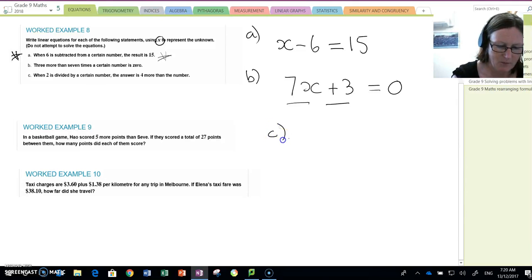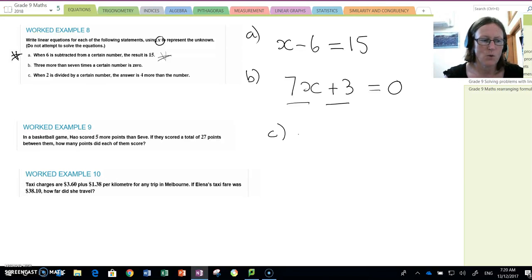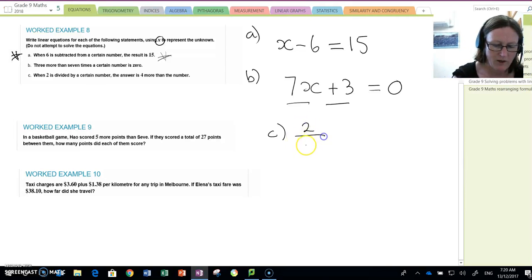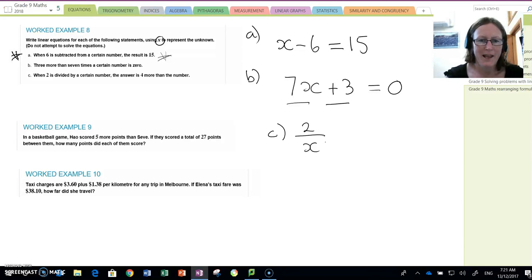The next example. When 2 is divided by a certain number, the answer is 4 more than the number. So, when 2 is divided by a certain number, we get 2, and we divide that by the certain number. So that caters for the first bit. The answer is 4 more than the number.